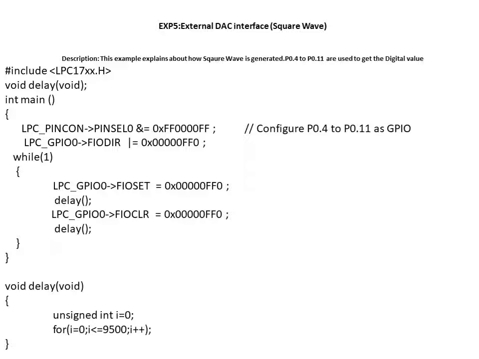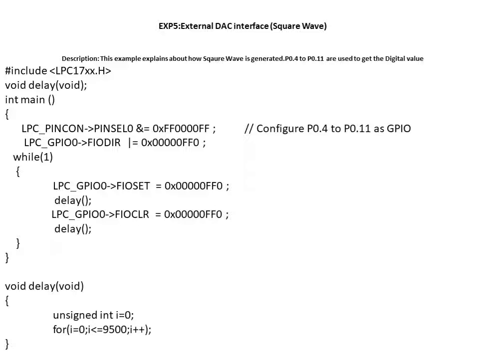But writing 0 has no effect. Writing 1 will produce high at the corresponding port pins. Same thing with respect to FIOCLR, that is the fast port output clear register using FIOMASK. This register controls the state of the output pins. As it's a clear register, when you write 1, it produces zeros at the corresponding port pins.